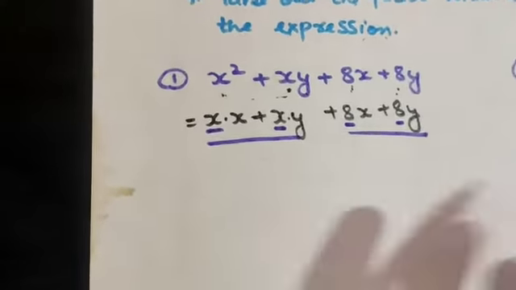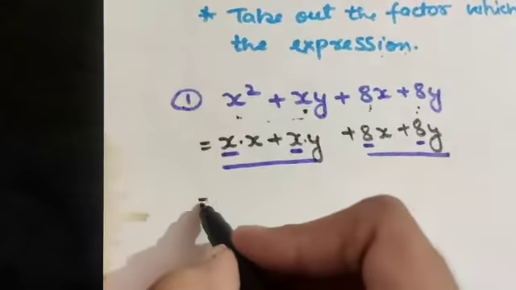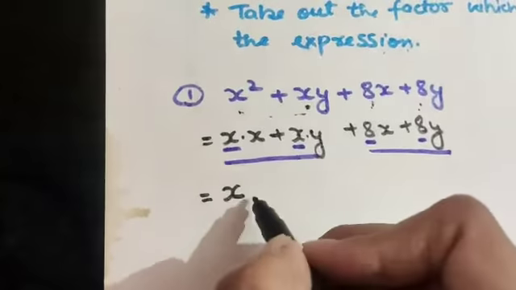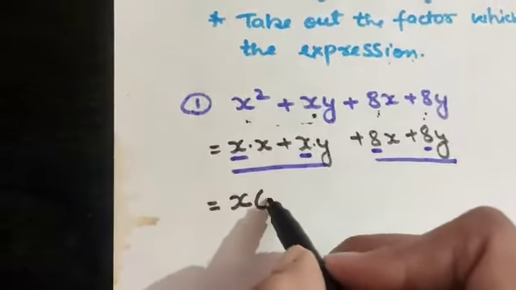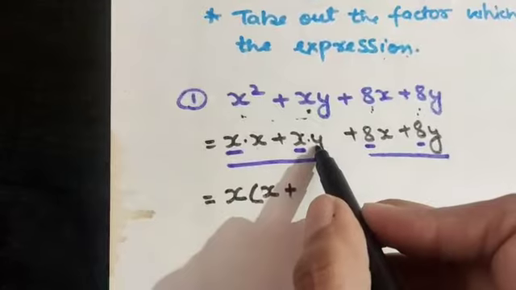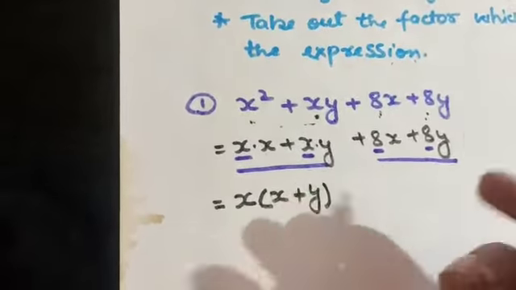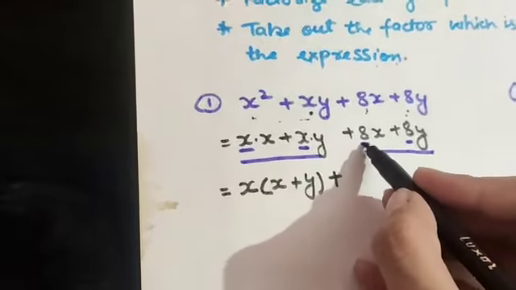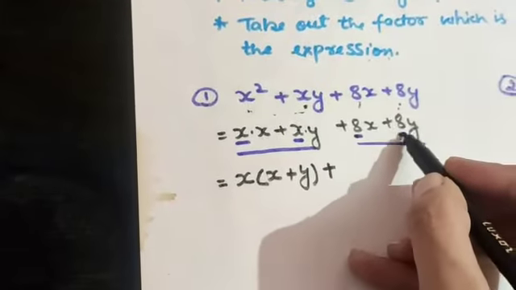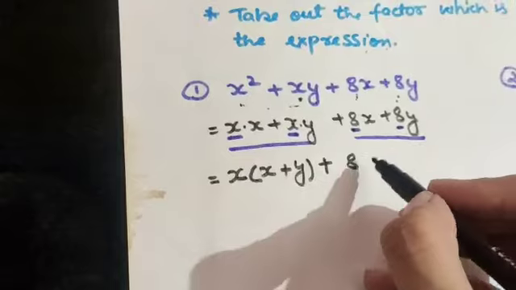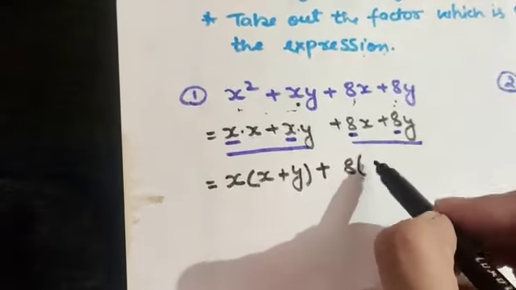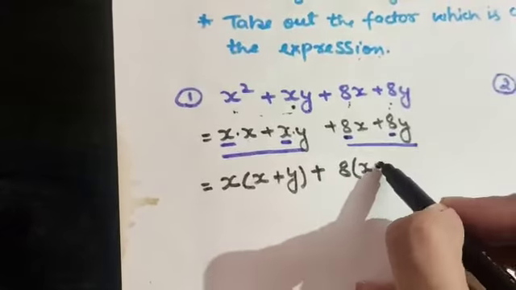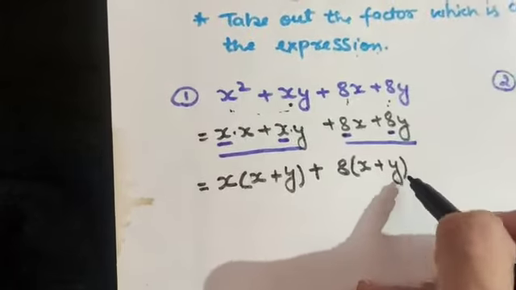So take out x common in the first group. When we take out x common, what is left is x and y. Now look at the second group. In the second group, the common number is 8. So take out 8 as common. Now what is left is x plus y, right?